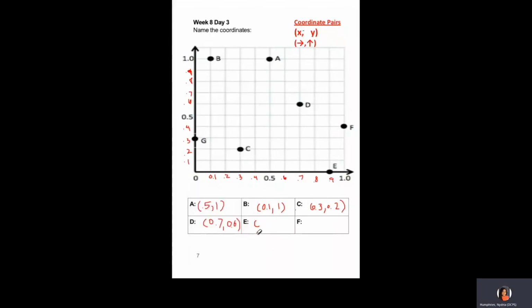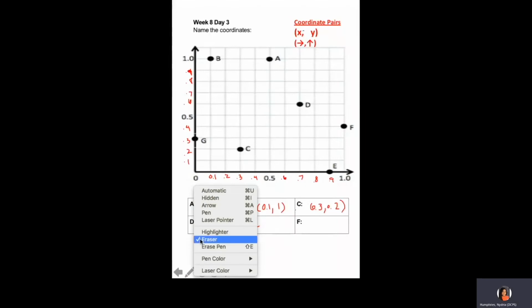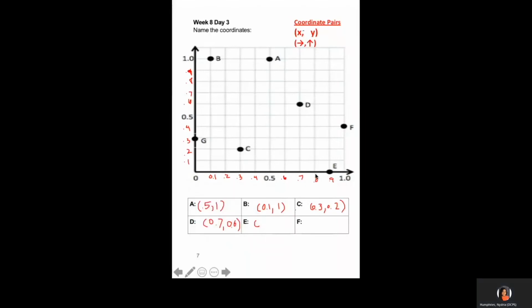So you just got to make sure that x, the value of the number on x, is first. So if we go across x for E, x is 9/10. And then y is 0.